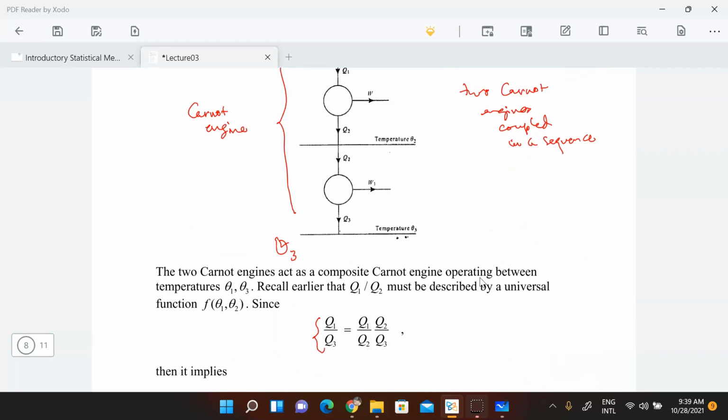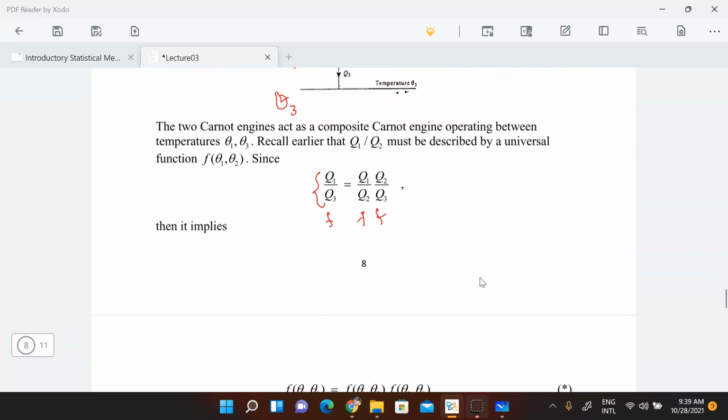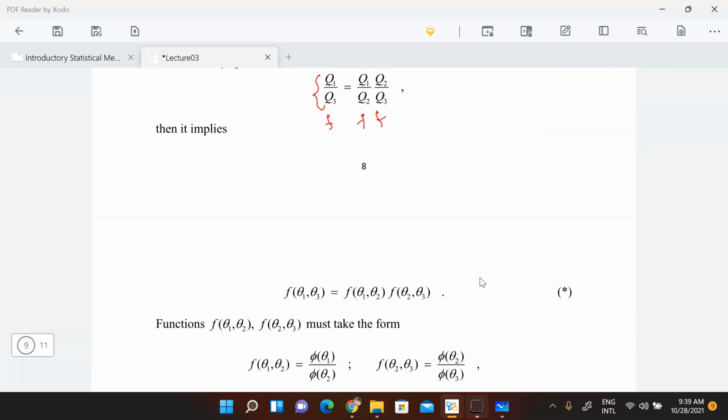But I can think of that ratio as the ratio between Q1 and Q2, multiplied by the ratio of Q2 and Q3, which are the individual ones over here. So this will be F, this also will be F, and this will also be F. So what does this imply?